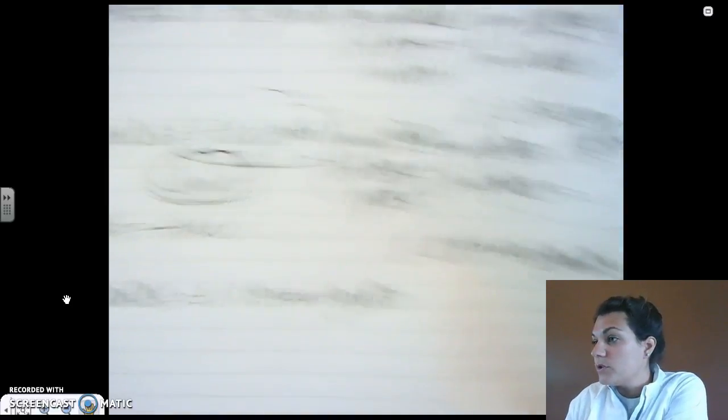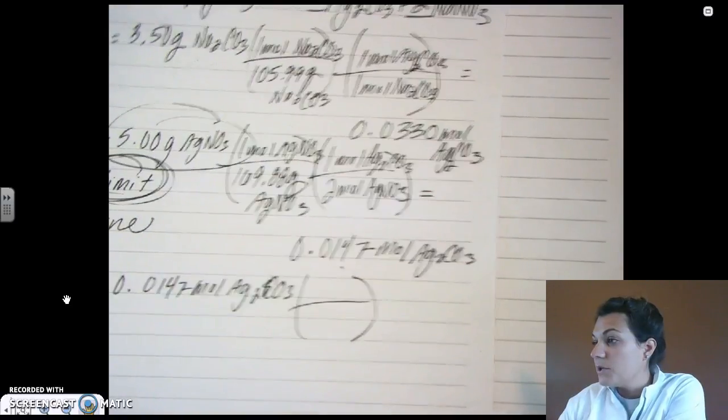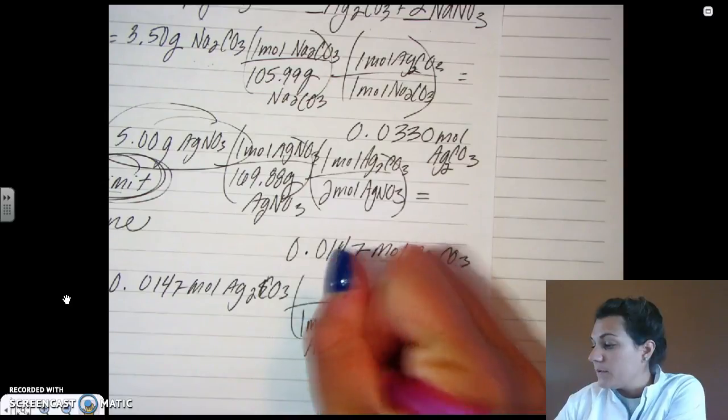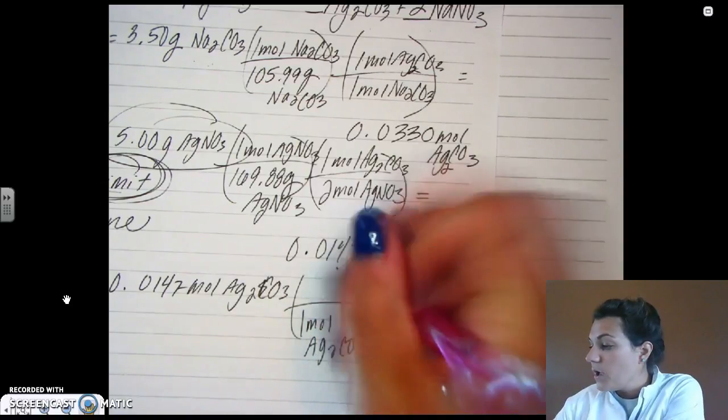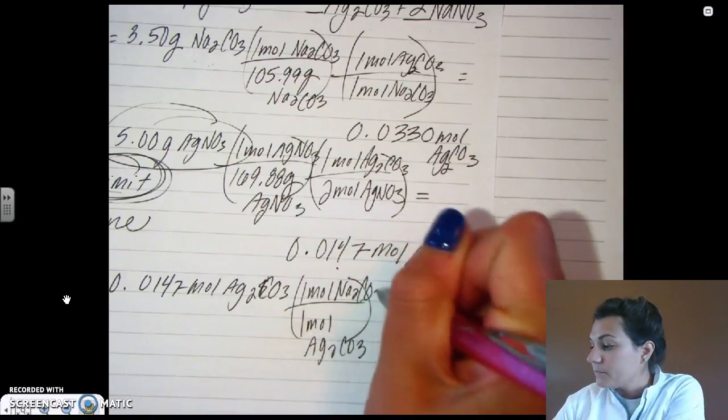Okay? So I'm going to go back and say my ratio is going to be 1:1. So for every 1 mole of silver carbonate, I will have 1 mole of sodium carbonate.